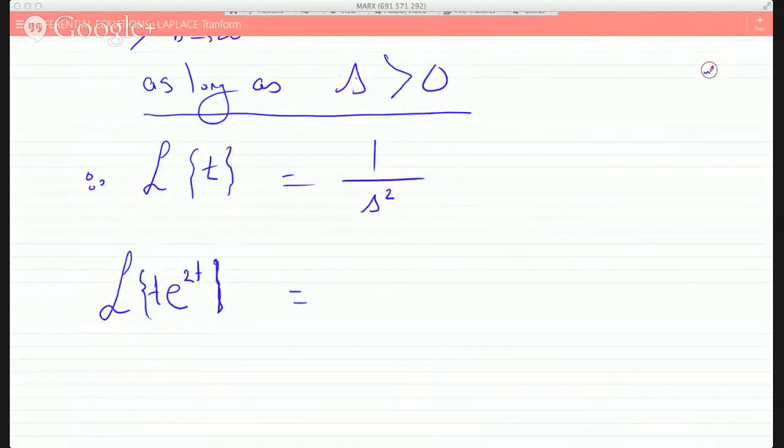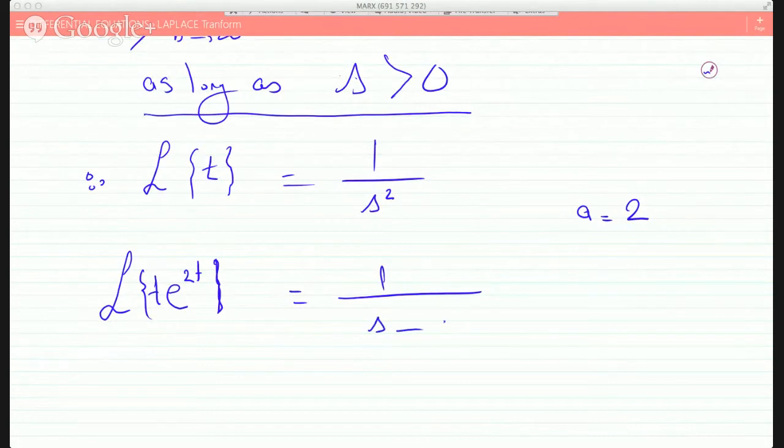So what this theorem tells you is that it's the same as the Laplace of t, which we found, except you replace the s with s minus a. What's a? a is 2, the exponent of e. So this will be the same as this, except instead of s, you use s minus 2 squared.